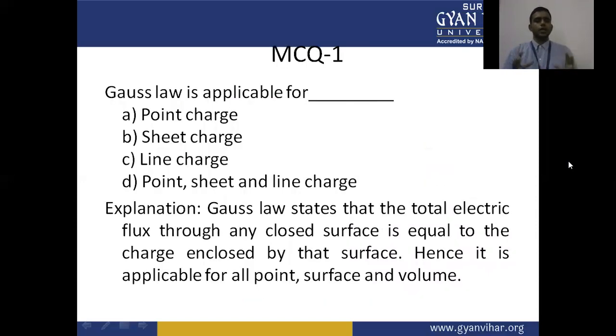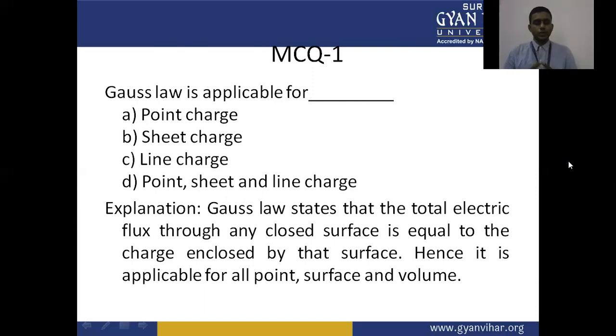In the next section, we have some multiple choice questions on the basis of Gauss law and application of electrostatic field theory and electric flux density. Gauss law is applicable for A, point charge, B, sheet charge, C, line charge, D, point, sheet, and line charge.